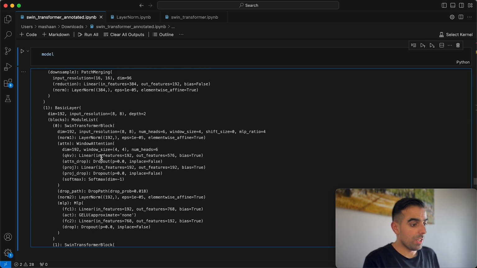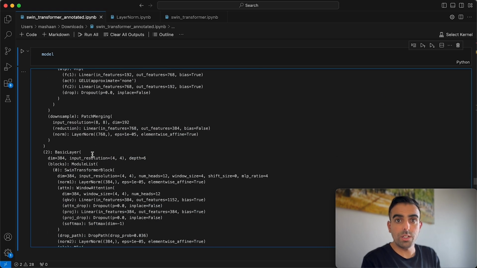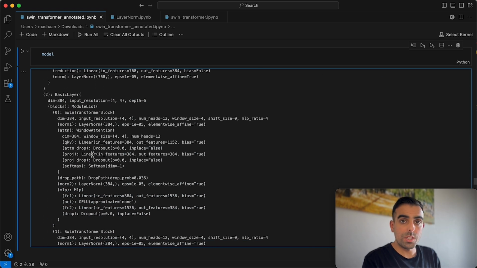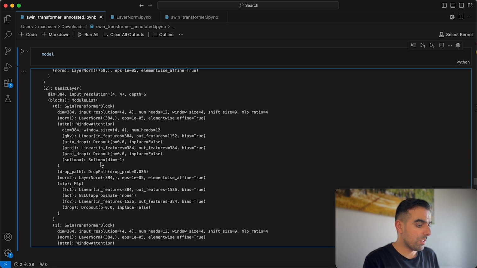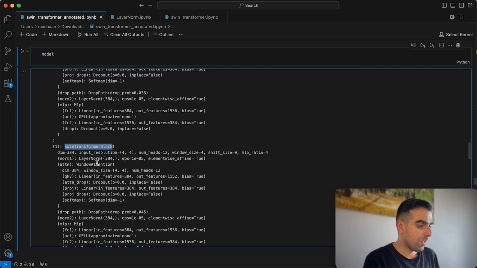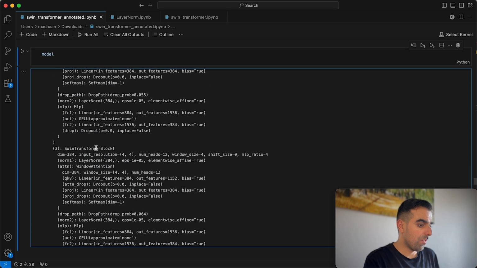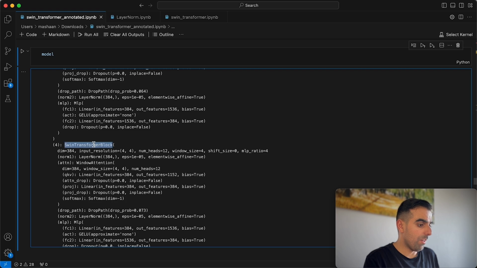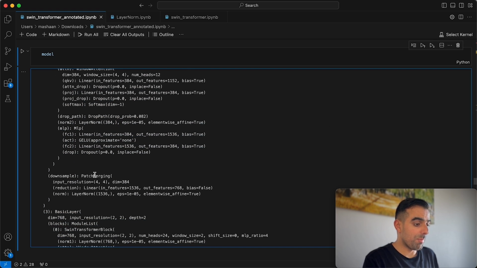The second layer has 2 Swin Transformer blocks. Here's the first one and here's the second one. The third layer actually has 6 Swin Transformer blocks. So this is the first one, second one, third, fourth, fifth, sixth, and it performs patch merging.